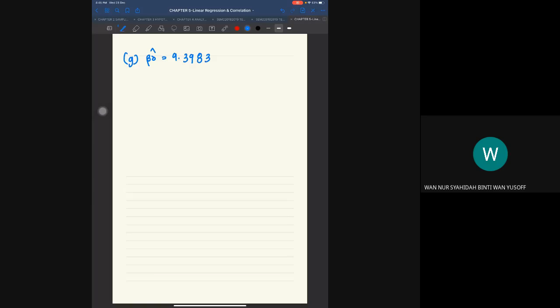Okay, so in order to interpret beta node cap, we let x equal to 0. So when the distance of fire accident to fire station is 0, or help constant, sama je dalam buku.